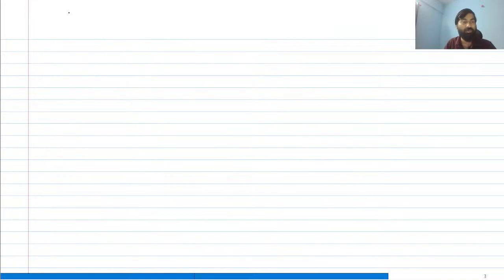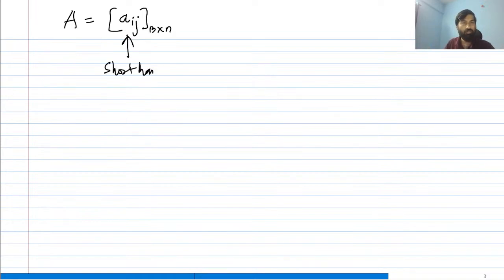Because after all, a matrix is basically a rectangular array of numbers, so we write this as aij, m cross n. So what is aij? Aij is basically the shorthand representation of an element.